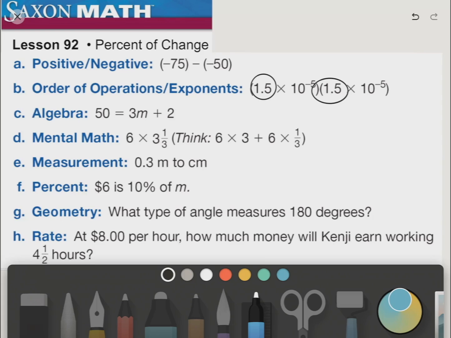So half of 1 5/10 would be 75 hundredths. And essentially what it's asking us here is what is half more of 1 1/2. So 75 hundredths plus 1 50 hundredths is 2 25 hundredths.